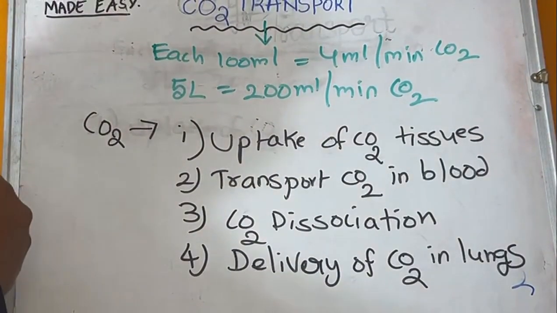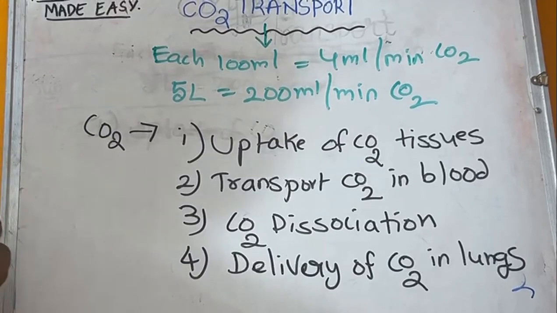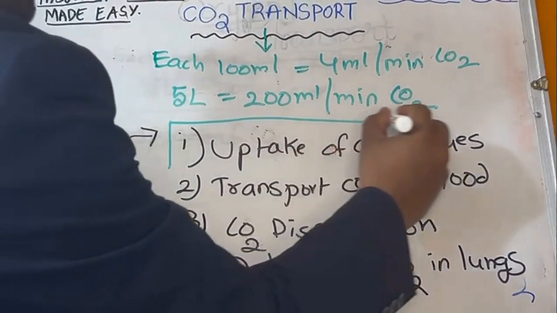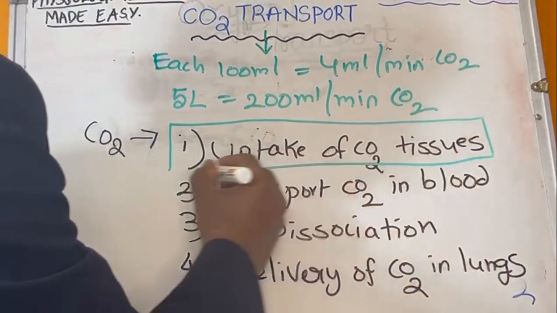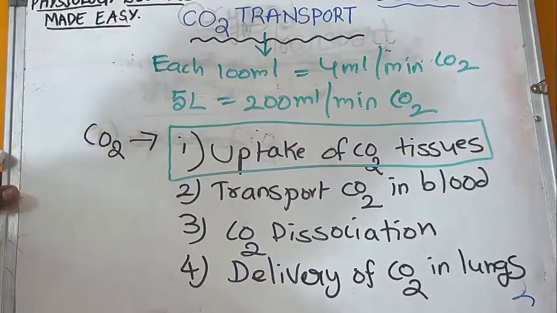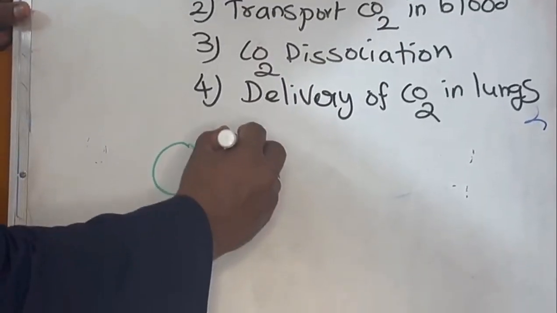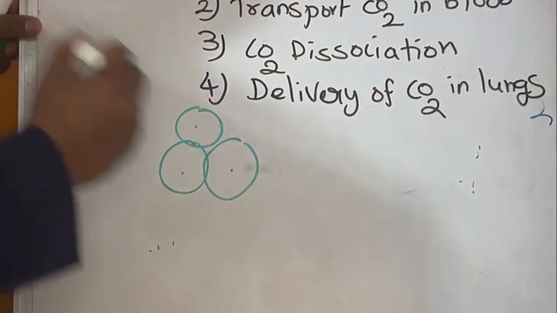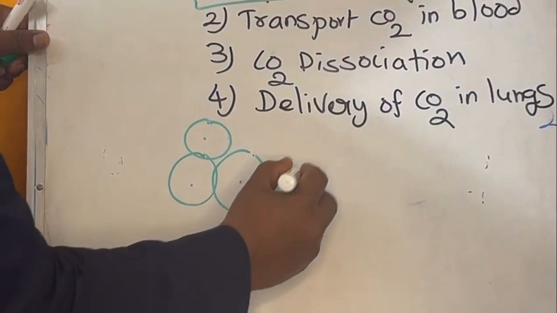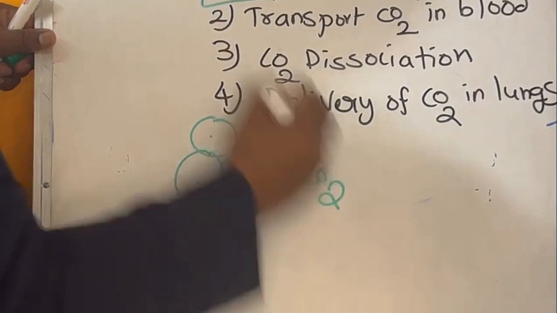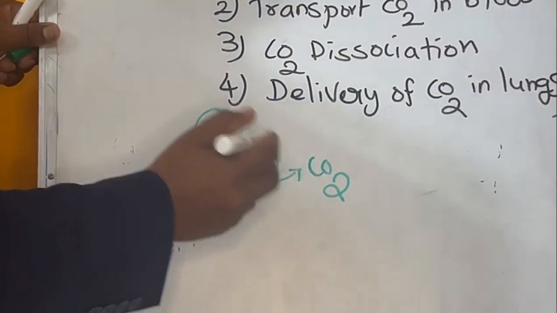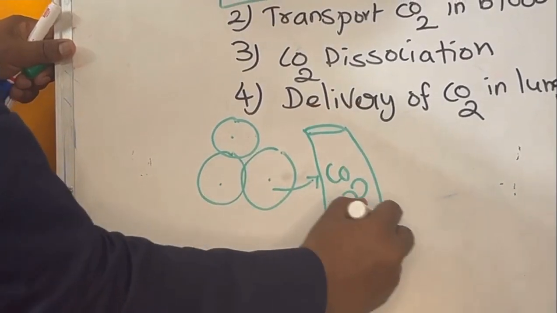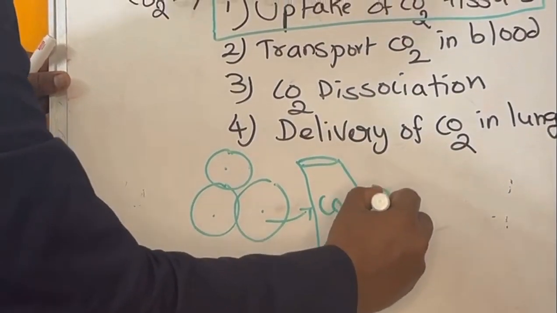The first heading is uptake of carbon dioxide from the tissue. Imagine tissue is nothing but a group of cells. Due to metabolism, a large amount of carbon dioxide is released, and this released carbon dioxide enters the surrounding blood due to the pressure gradient.